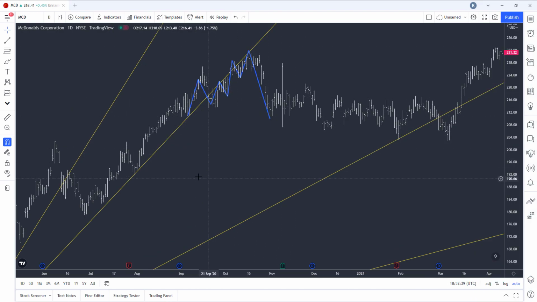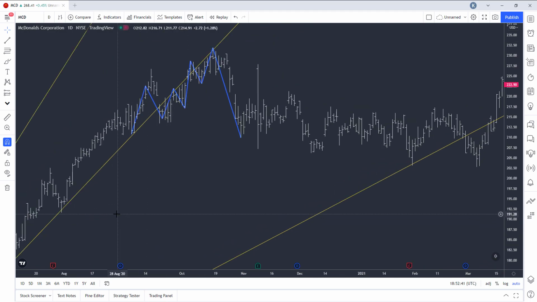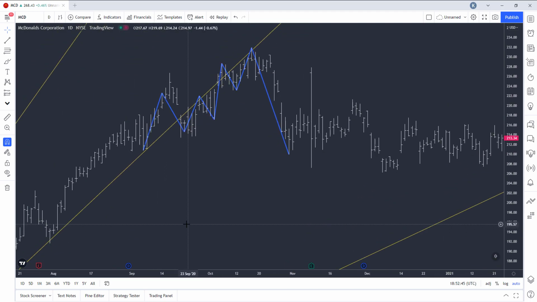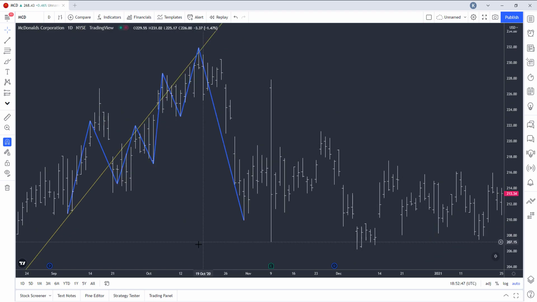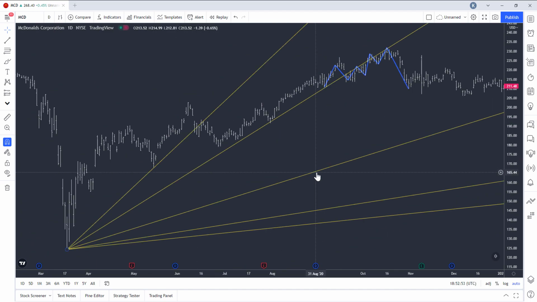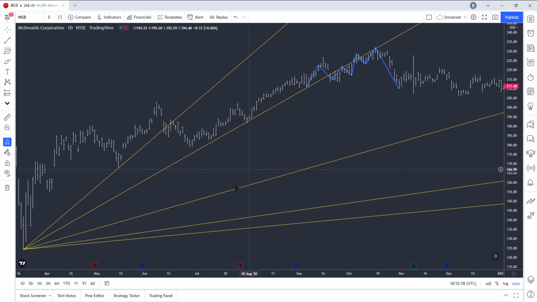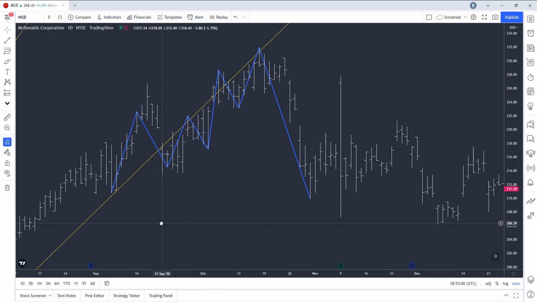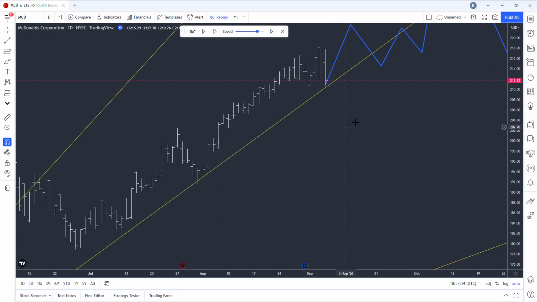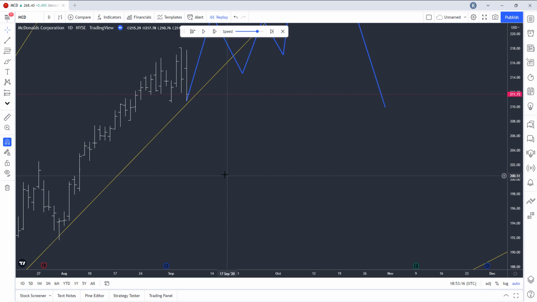So let's say you have access to a time cycle like W.D. Gann's real time cycles. Suppose these are the pivots of the time cycle, and you have drawn this angle from this point. Let me rewind one second.